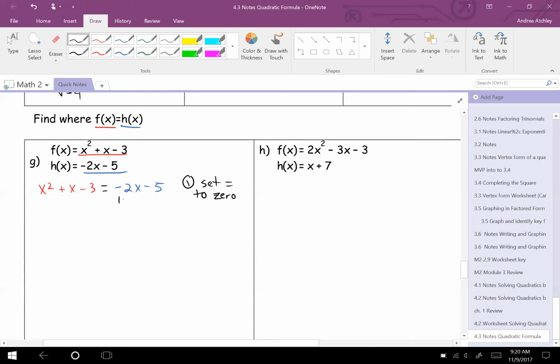So I'm going to add 2x to both sides. The 2x and the x are like terms, so I'm going to put them underneath each other like that. Then I'm going to add the 5 to both sides. The negative 3 and 5 are like terms because there's no variables, so you're going to add the 5. Notes out? Okay.